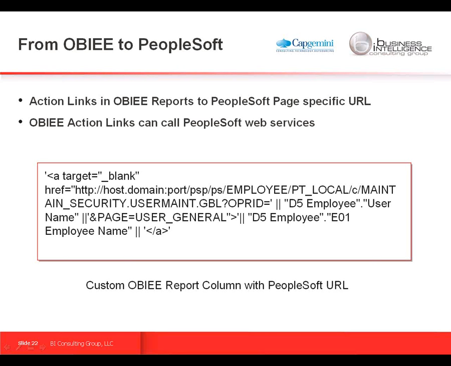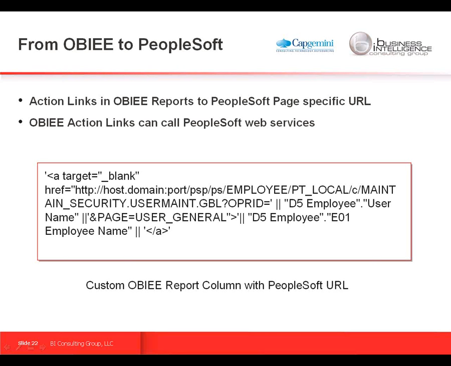So basically, when you're building your report, you can take a value from that report, use that OBIEE value to dynamically build a PeopleSoft URL and have that value show up as a link on your OBIEE report, so that when the user would drill down to that, they would actually be brought to the PeopleSoft application, to the specific page that you define where they should go.